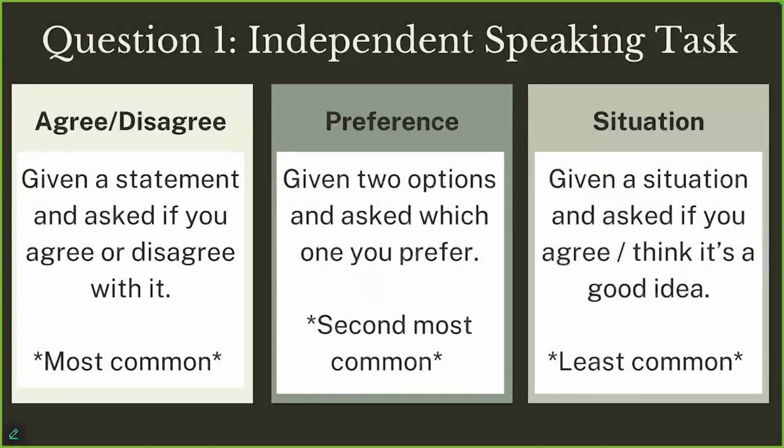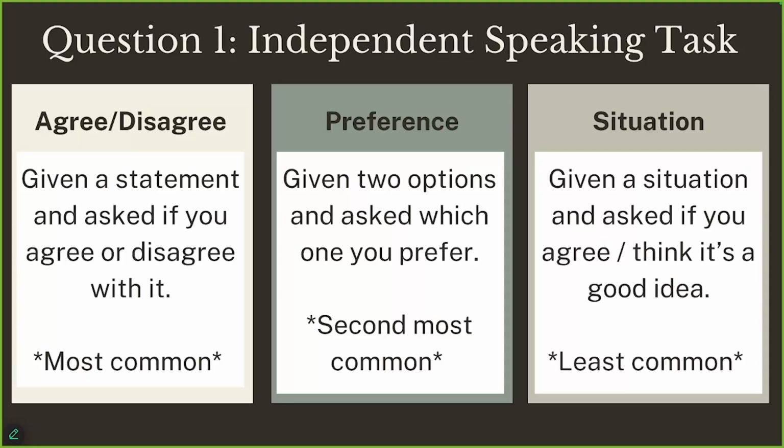So question 1, just briefly, here are the 3 types of questions you might get. You'll see agree or disagree, or preference, or situation. You'll see some of these in the actual question themselves. So no matter what type of question you get, you'll answer it in the same way. You'll use the same template.